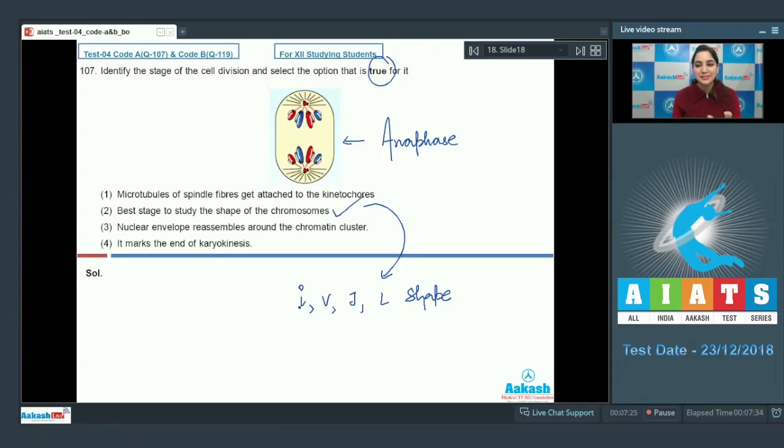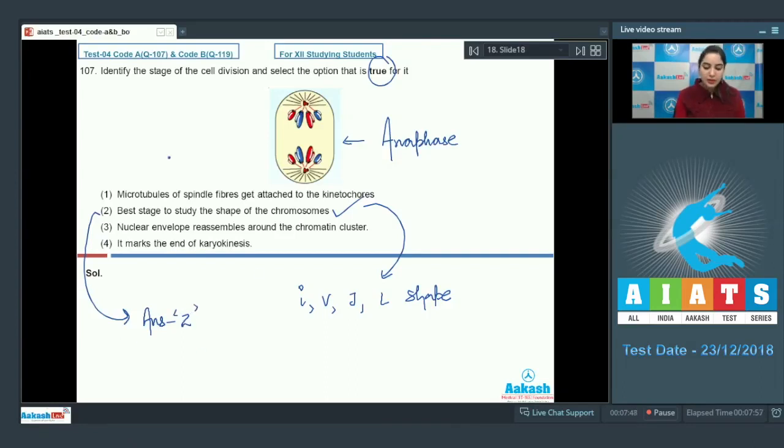Here the centromere splits and chromatids separate. Then, nuclear envelope reassembles around the chromatin cluster. That's not right. It marks the end of karyokinesis. Not correct. Therefore, we have chosen the right answer, option number 2.